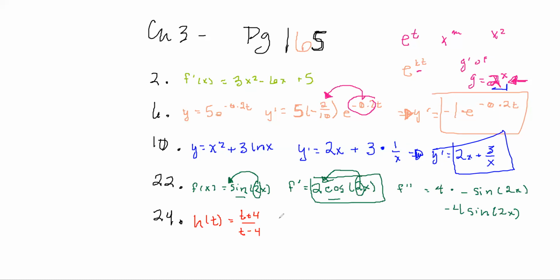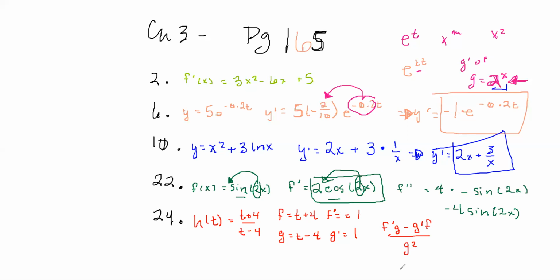For the quotient rule, we have f equal to t plus 4, f prime equal to 1, and g equal to t minus 4, and g prime equal to 1. Correct? So our quotient rule is going to look something like this: f prime g minus g prime f over g squared.